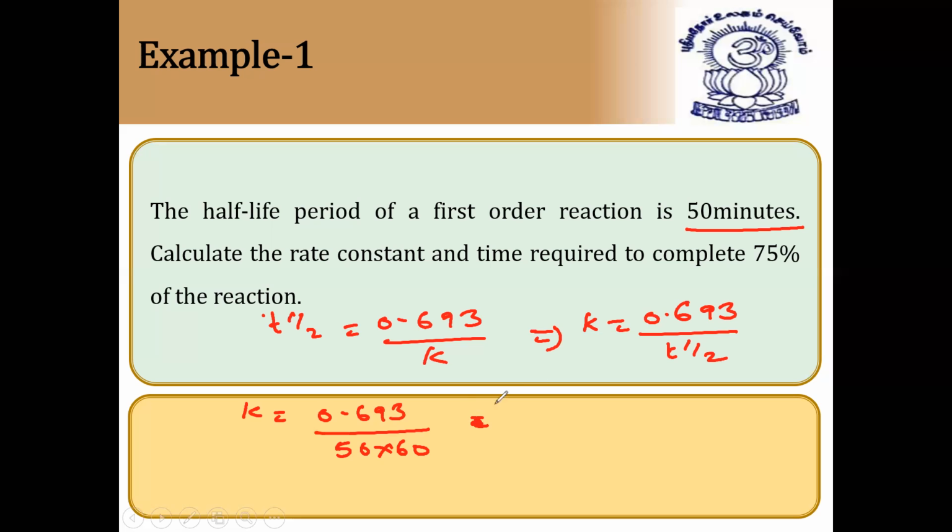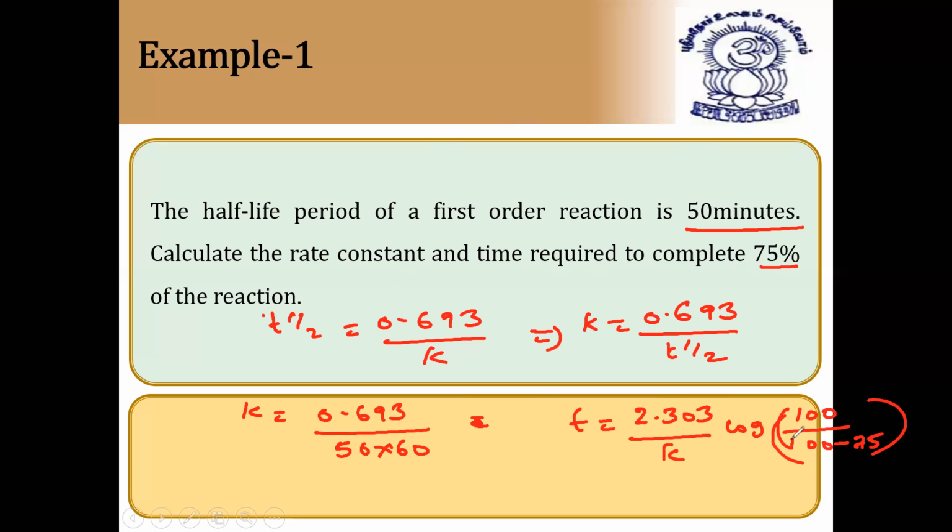Now after getting K, how to find the time taken for the reaction to complete 75%? To complete 75% of the reaction, we can use this formula. T is equal to, for first order kinetics, 2.303 by K into log of 100 by 100 minus 75, because initial is taken as 100 and 75% is completed.